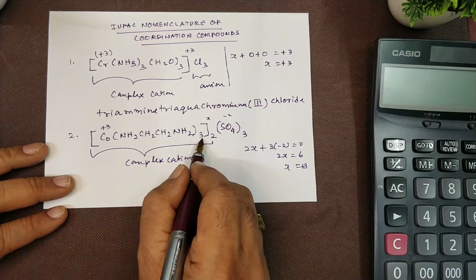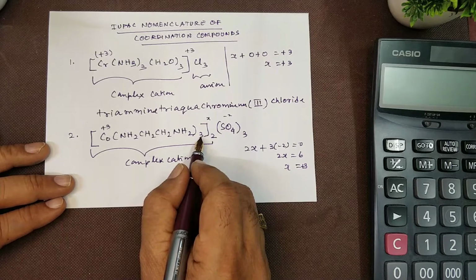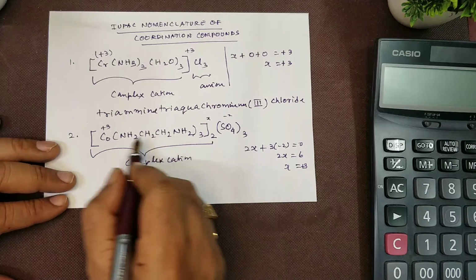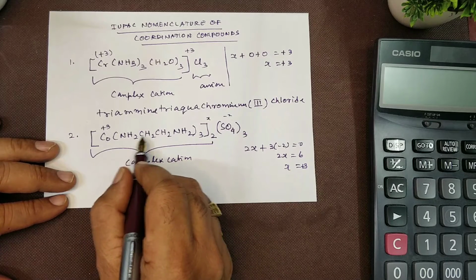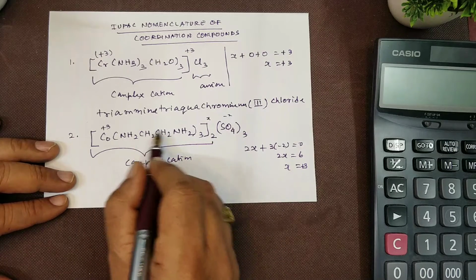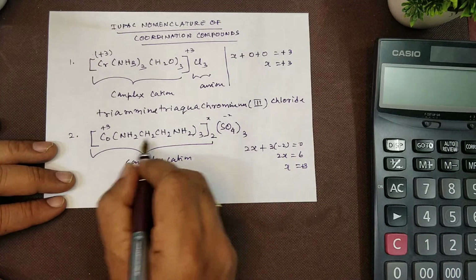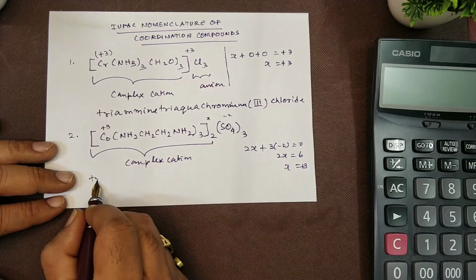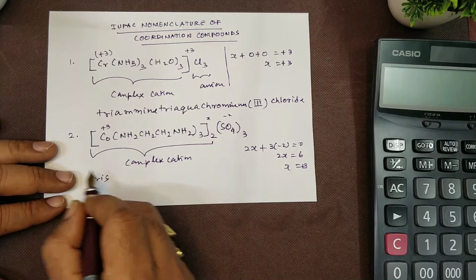So tris, and then what is the IUPAC name of ethylene diamine? This is ethane 1,2-diamine. So you can start like this. Tris, there are 3 times, then ethane diamine.